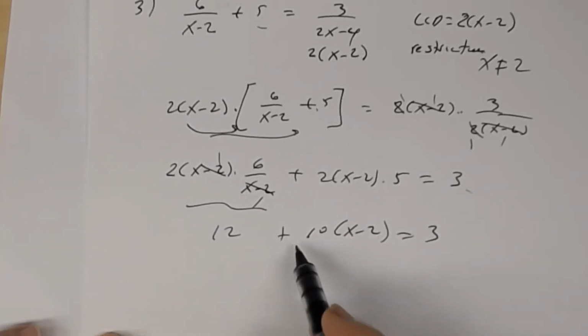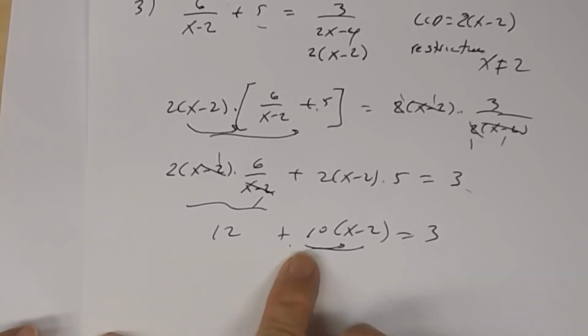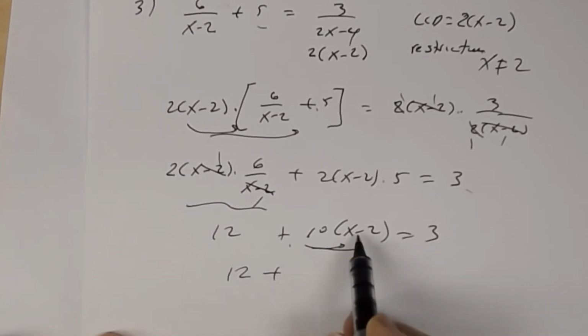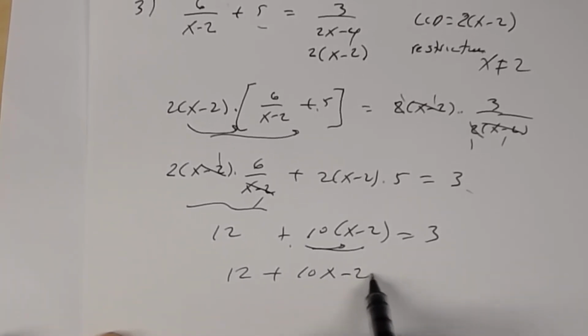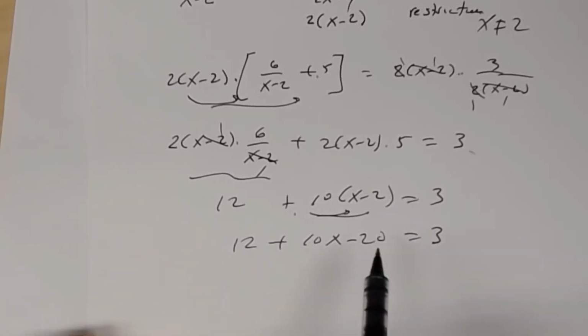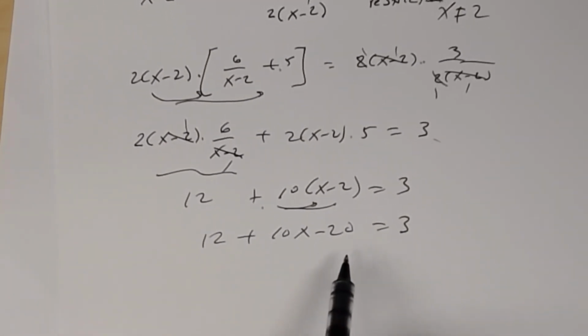All right, now going ahead and distributing here. Now remember, don't say 12 plus 10 first, because that's mathematically not correct. You have to multiply first before you add. So if I multiply first, I get 12 plus 10x, and then 10 times a negative 2 is a negative 20, equal 3. Now notice I have a linear equation. So I went from a rational equation to a linear one.